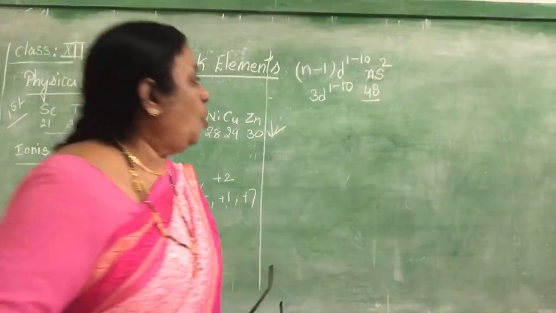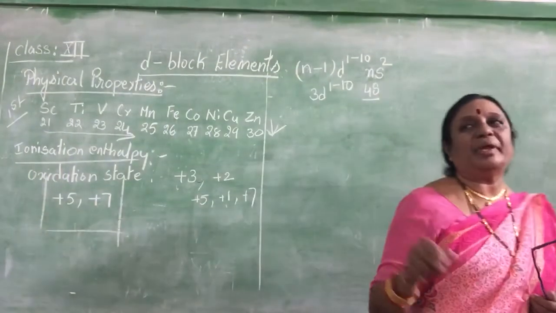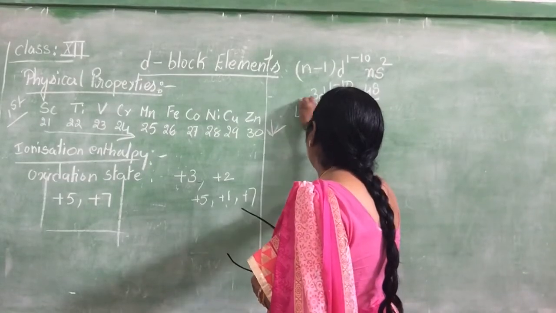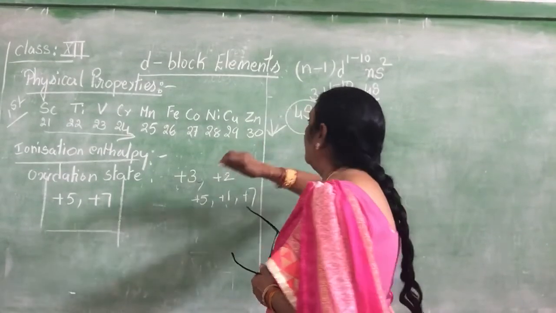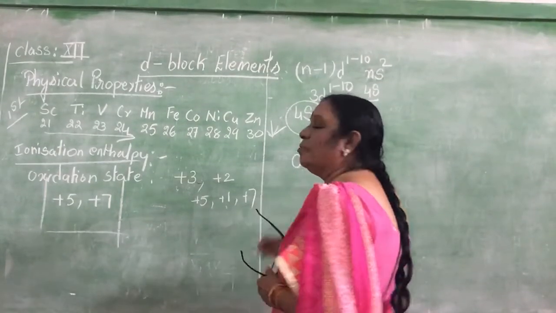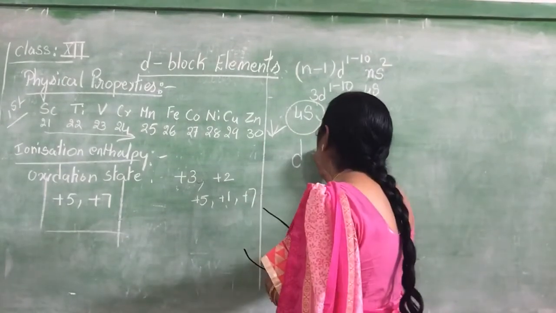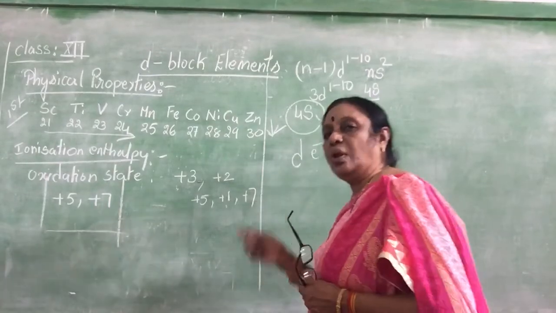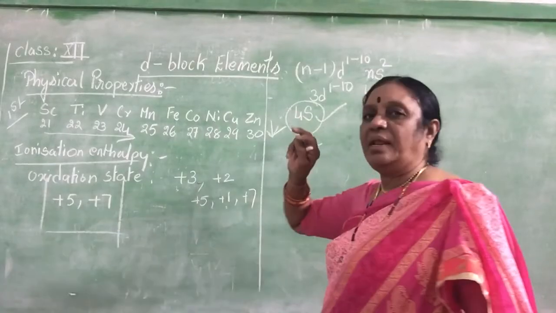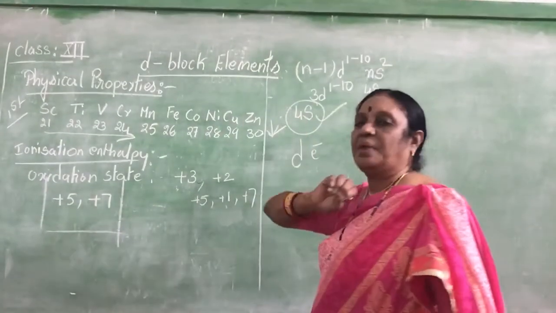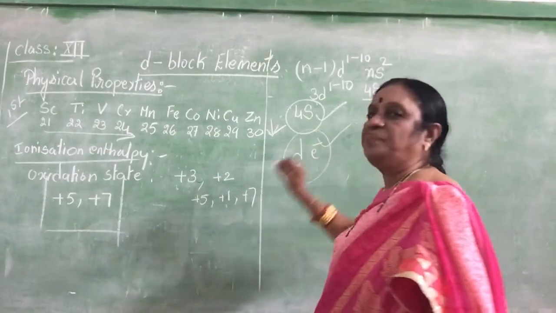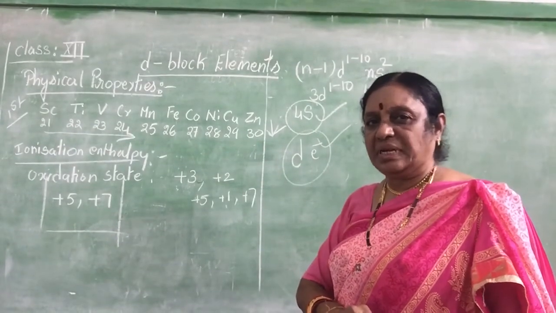So the lower oxidation state is due to the involvement of the 4s electrons, and the higher oxidation state is due to the involvement of s electrons and also participation of the d electrons. So the lower oxidation state corresponds to the participation of the electrons from the s subshell, and the higher ones are due to the participation of the d subshell. Okay children, clear?